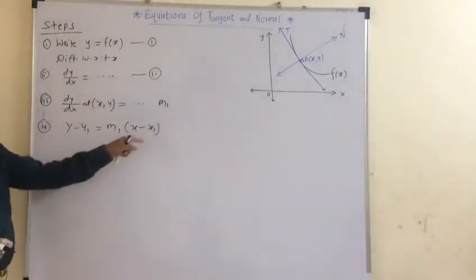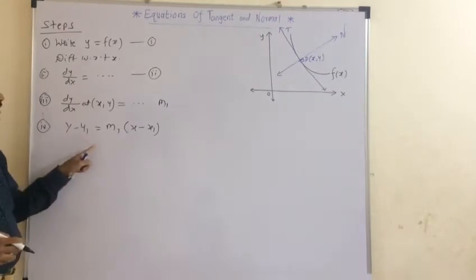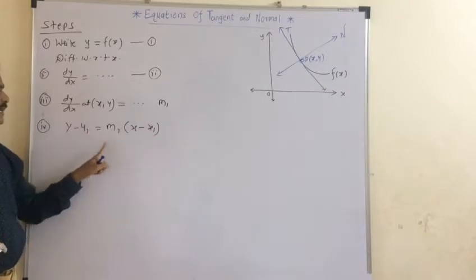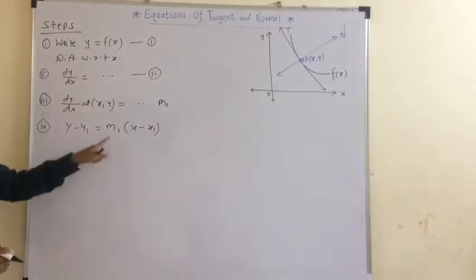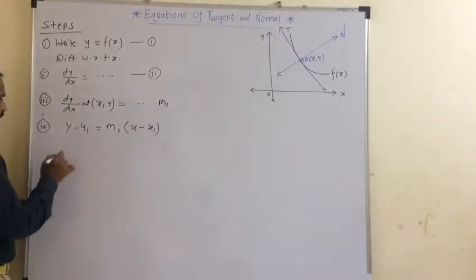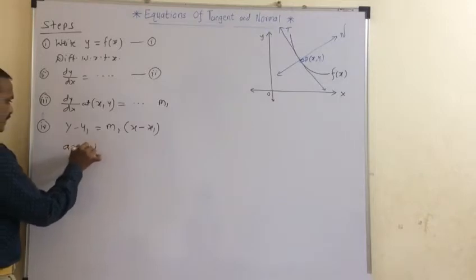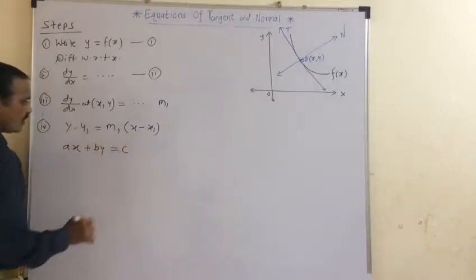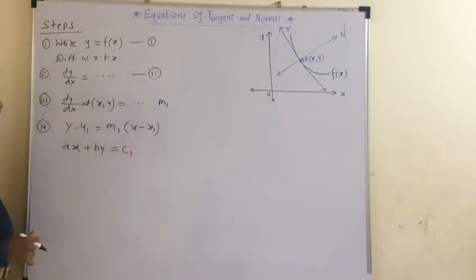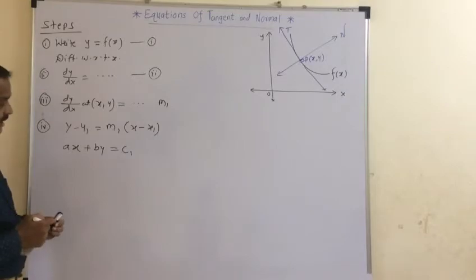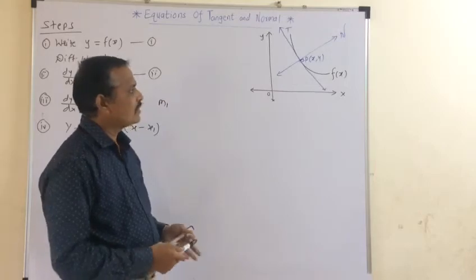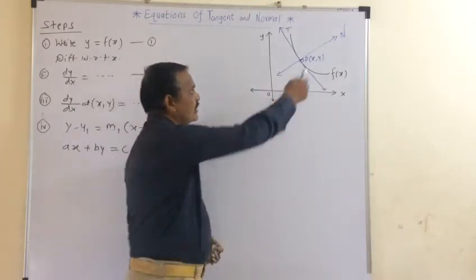Now in this equation we put the given points x1, y1 and slope of tangent m1, and after simplifying this equation we get a required equation of tangent line, say ax plus by is equal to c1. So in this way we get the equation of tangent.